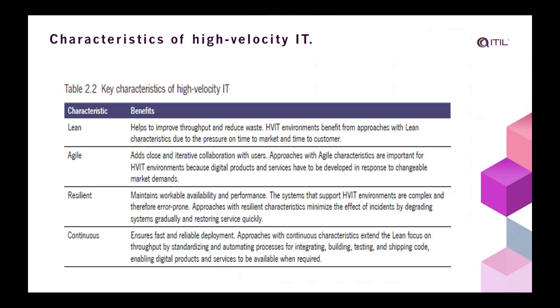It's also a point to note that if you're going to have truly high velocity IT, and digitalization and digital organizations, culture is often one of the key factors you need to look at. A lot of people try to go down the high velocity route very quickly, and without taking culture there first, it will fail.